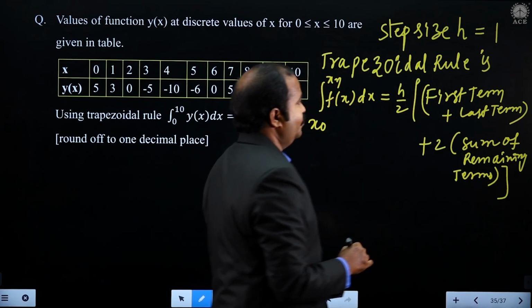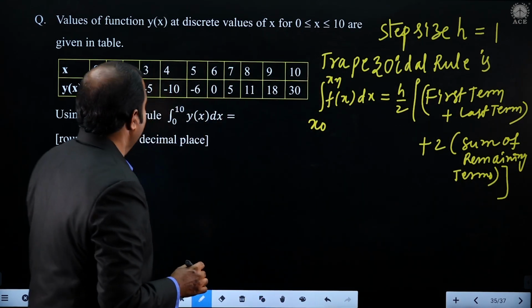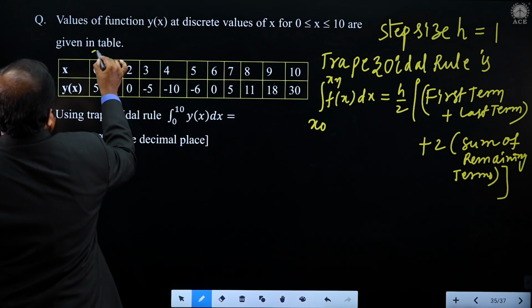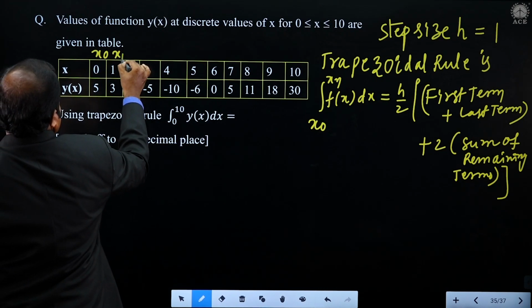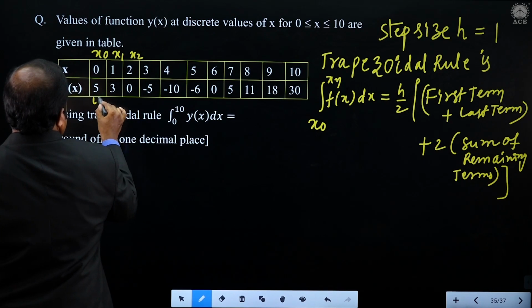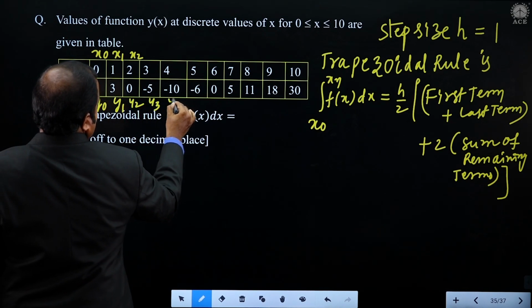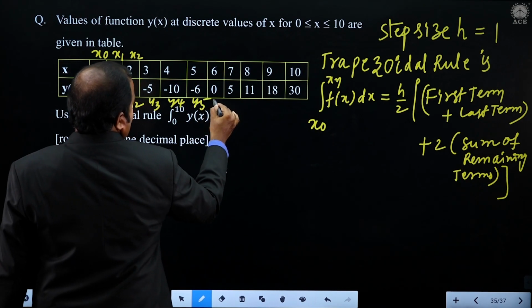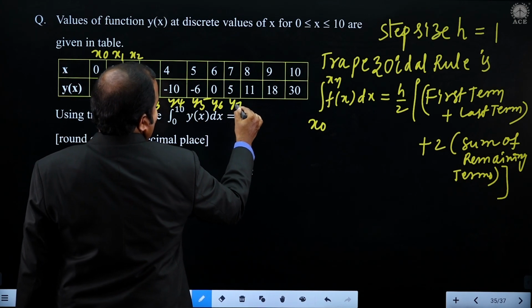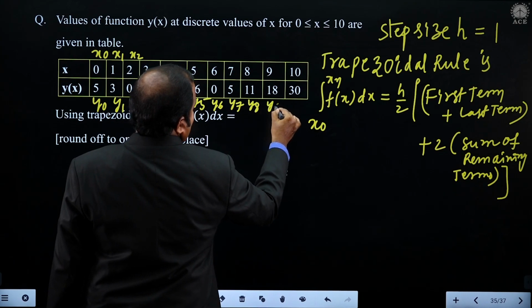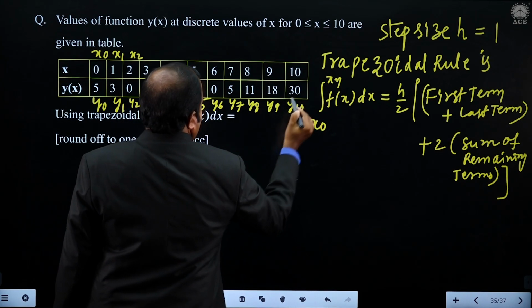This is the trapezoidal rule, right? So we can denote x naught, x1, x2, etc., with y naught, y1, y2, y3, y4, y5, y6, y7, y8, y9, y10.